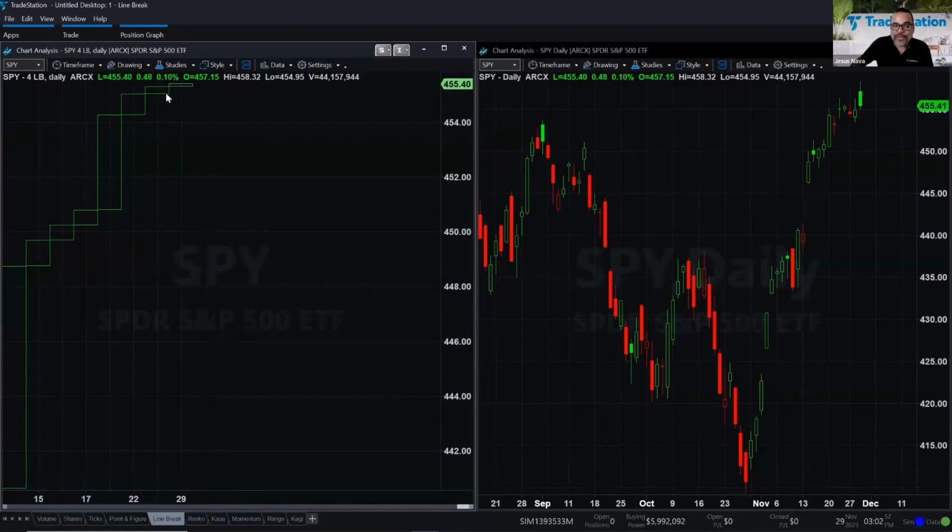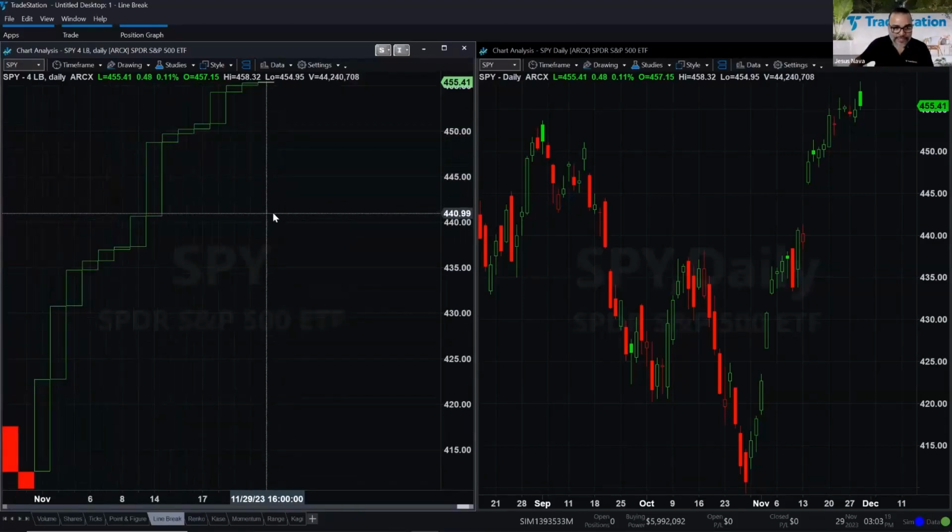The 4 line break means that it's looking back 4 bars. Commonly, you can see that this chart sometimes is called the 3 line break because it's the most commonly used, looking back 3 candles or 3 bars or 3 columns, however you want to call it. But TradeStation gives you the ability to monitor more than just 3.